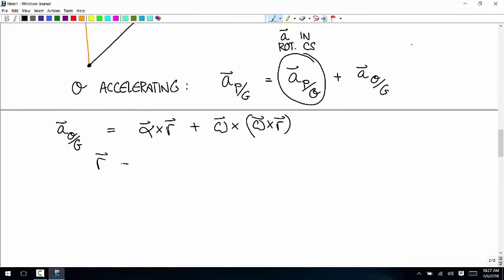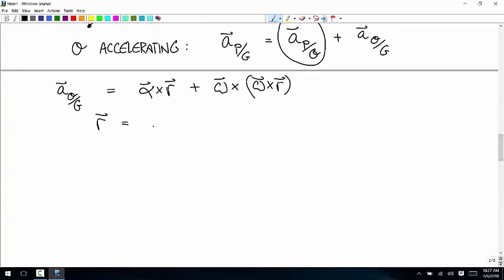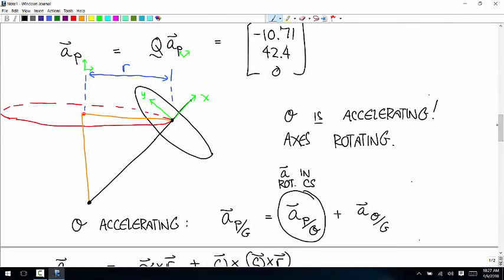So that r vector, when we have a rotated coordinate system here, is going to be 1 times the sine of 45. That's the magnitude of the radius. And then the r vector goes from the center of the circular motion to the point that you care about.